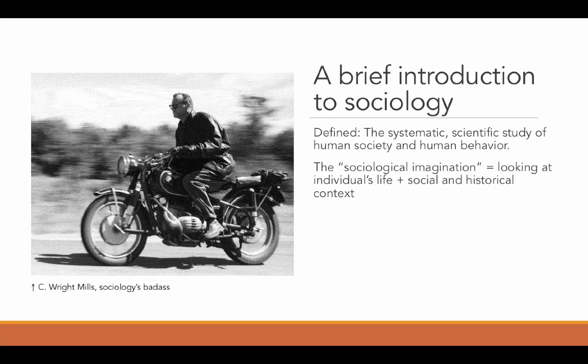Private troubles are things that happen to a specific individual, and they're going to be solved within that individual's immediate social environment. You could think of this maybe as an argument with somebody that you live with, like somebody in your family or your spouse. In contrast, public issues come about when many people experience a similar problem as a result of patterned and interacting social environments.